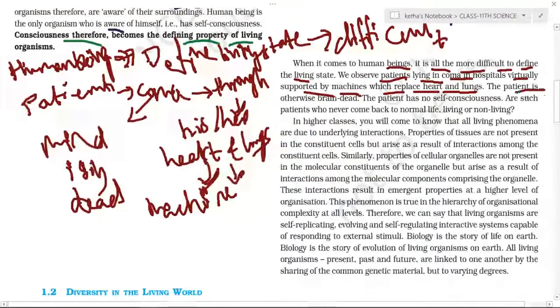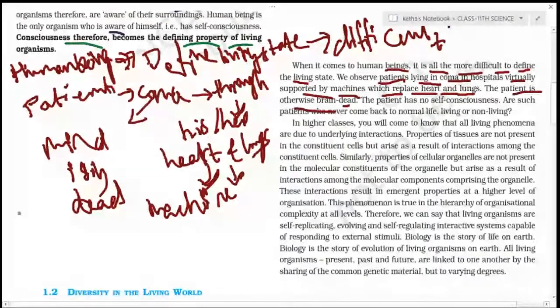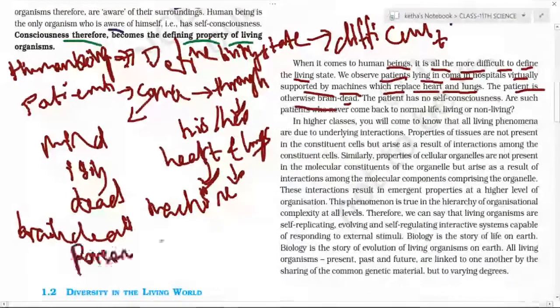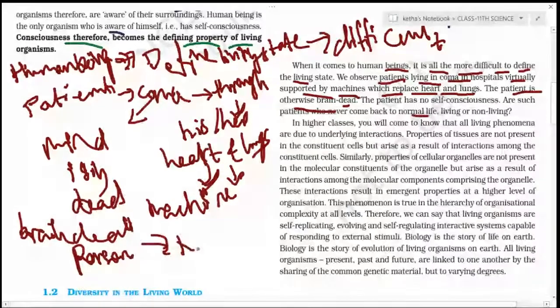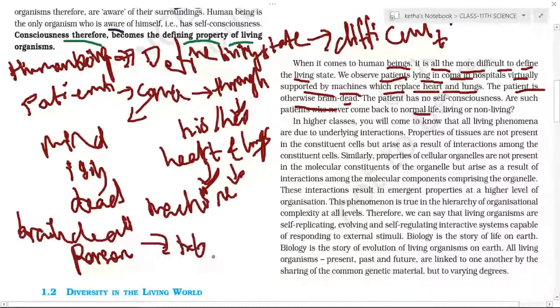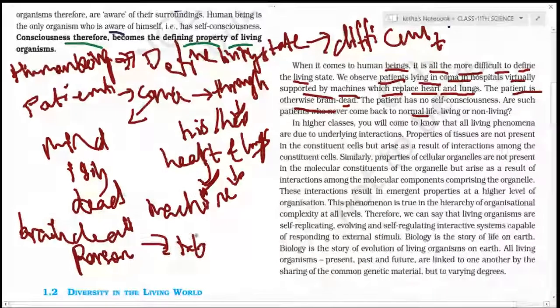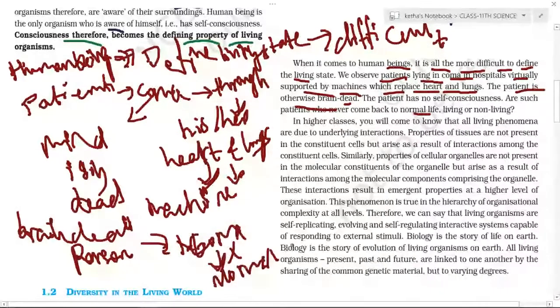The patient is otherwise brain dead. A brain dead person can never come back from the coma stage to a normal life.